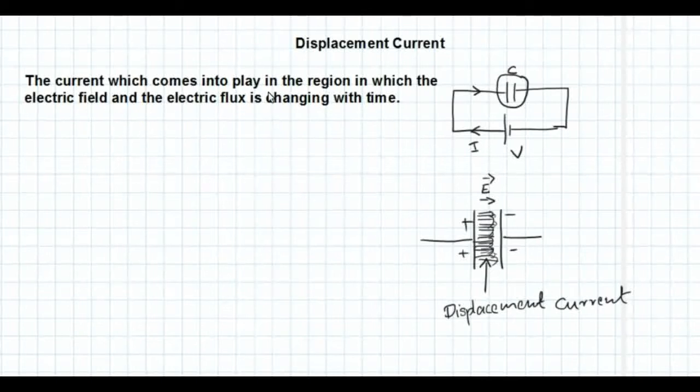The current which comes into play in the region in which the electric field and electric flux are changing with time. The electric flux is changing with time, or the electric field is changing with time, in the sense that when we switch on the circuit, the number of charges on both sides will increase, and as a result there will be a gradual increase of the field.